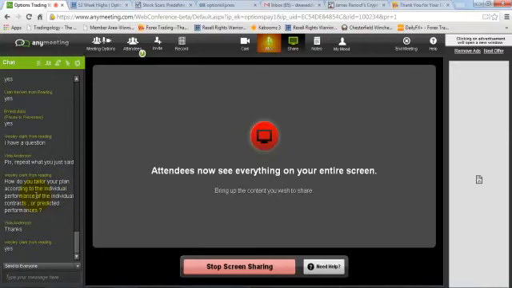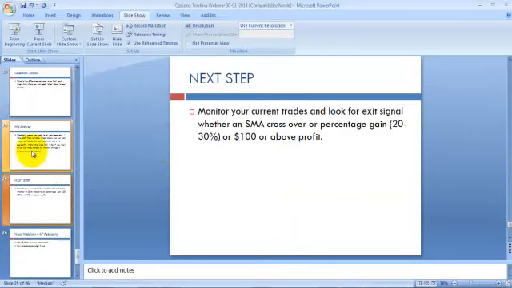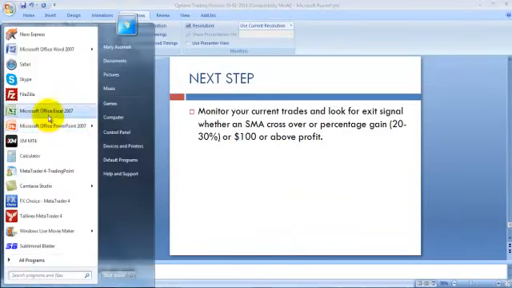So for example, let's say I'm going to place a trade for MDU. My trading plan will be, let me load this up. Hold on a second.